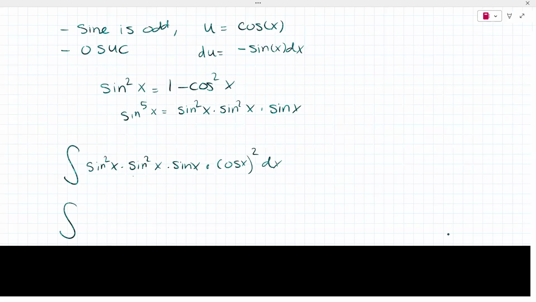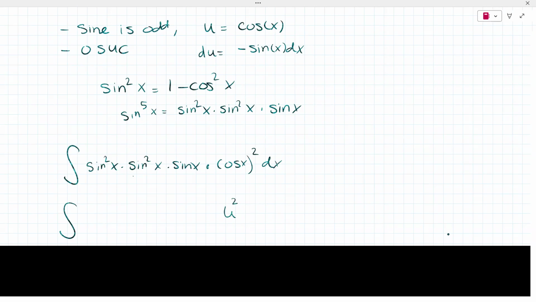We're still going to use u as cosine of x, so this is going to be u squared.